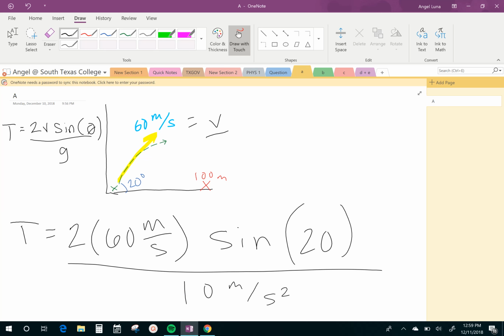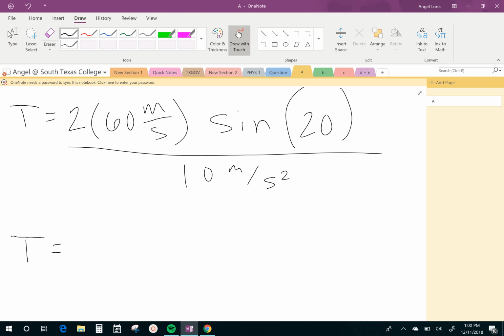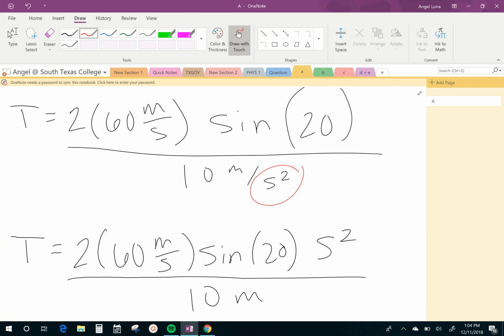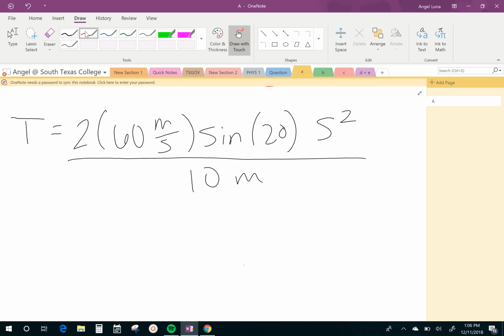Now let's move some of these units around so that we can better answer this question. Algebraically, a denominator within a denominator can be considered a numerator, so that's why we're moving second squared to the position of the numerator. Really quick, we can get rid of these signs here. These units will cancel. This unit of second will cancel one of these units of seconds.